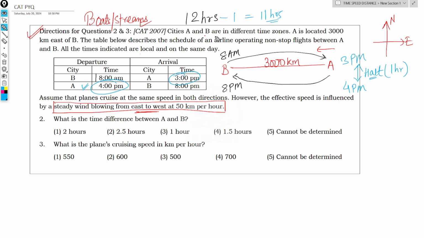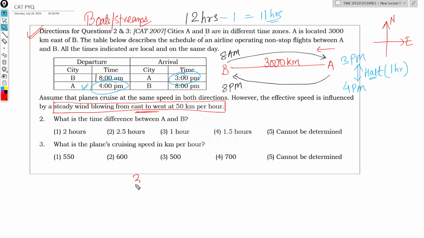So I have got the total time of flight from B to A and then A to B. So let's frame an equation of boats and streams. The equation that I can form is, remember, from B to A it is upstream.